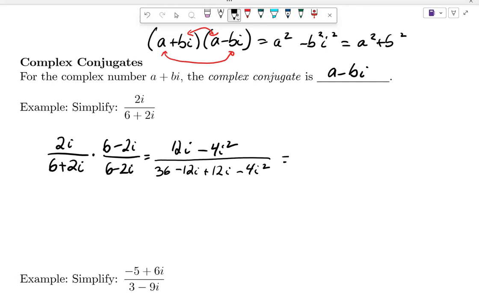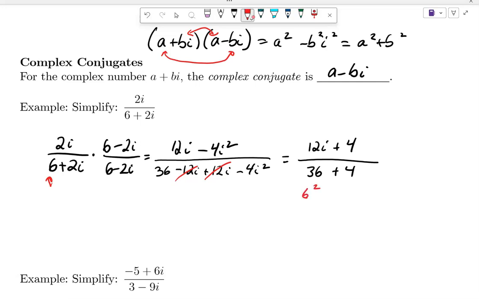A positive 4, right? Because again, i squared is negative 1, so it just flips the sign. On the bottom, what goes away? Yep, those go away. And we get 36, and then on the end we get plus 4, right? Notice the 36 and the 4 here. The 36 is that thing squared, isn't it?